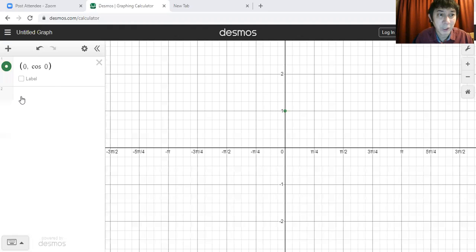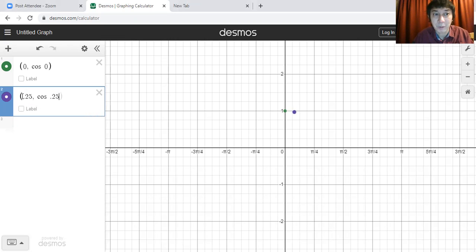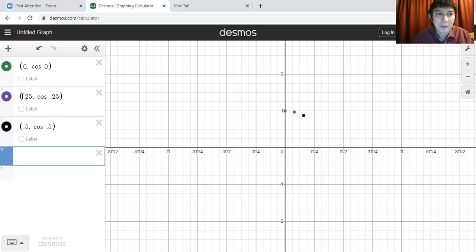Starting with the input x, then we have 0.25, cosine 0.25. There's the point, the violet. Next, let's use 0.5, and then cosine 0.5. Then 0.75, cosine 0.75.